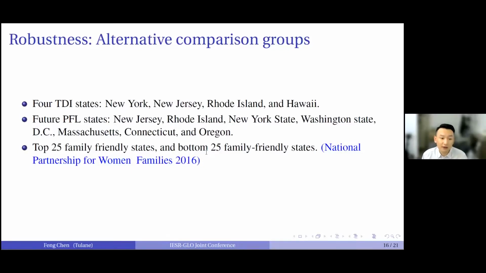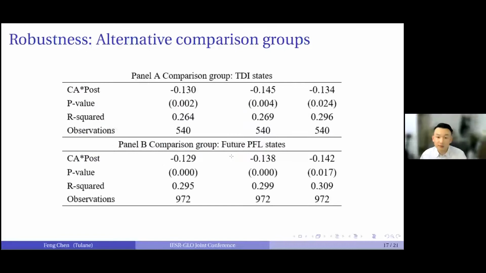So if this concern is true, maybe we should find a smaller or no effect with the first two robustness checks. And for the third robustness check, we should see significantly different results across the two alternative control groups. But generally, we don't find such results. All results are consistent with our main results.